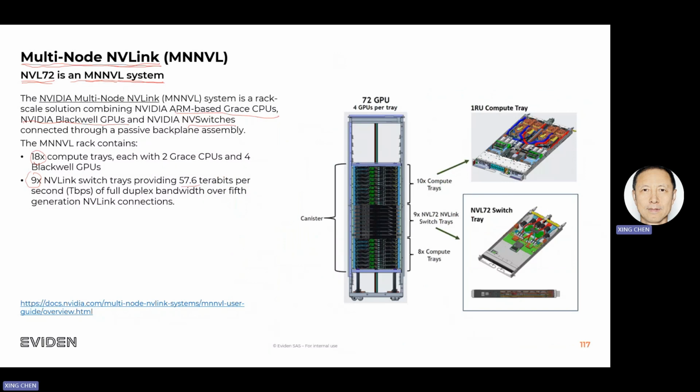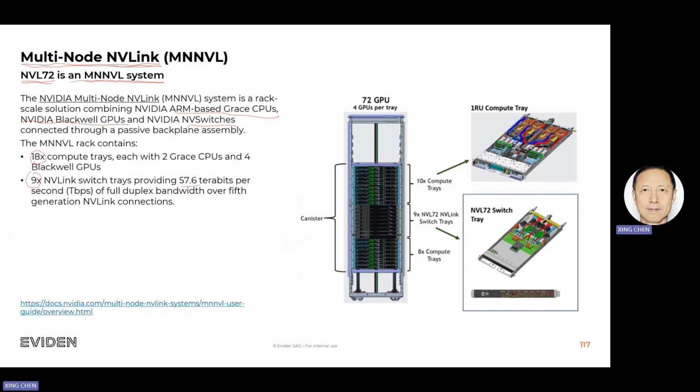Okay, so we need to stop here. For the superchips from Nvidia, starting from Grace Hopper, we start to have systems with NVLink domains with a big quantity of GPUs.